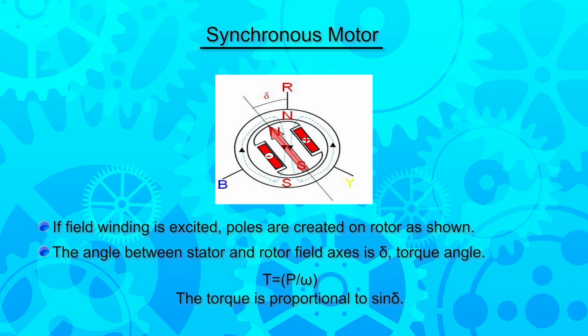Torque is, as we all know, equal to power divided by omega. Omega is the angular frequency. T omega is equal to P. So torque is proportional to sine delta, where delta is the torque angle.